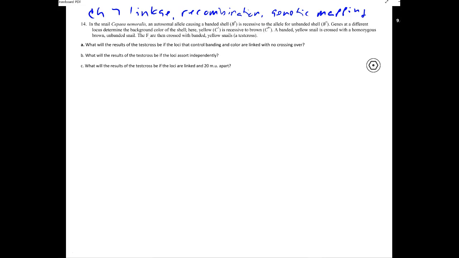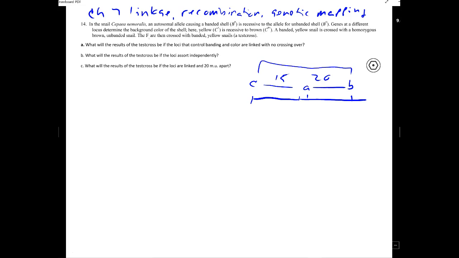Once you make a genetic map, it looks something like this. Here's two genes, A and B, and those genes are 20 map units apart. Then maybe there's another gene down here, C, and maybe that's 15 map units from B, or from A, and then B and C would be 35.